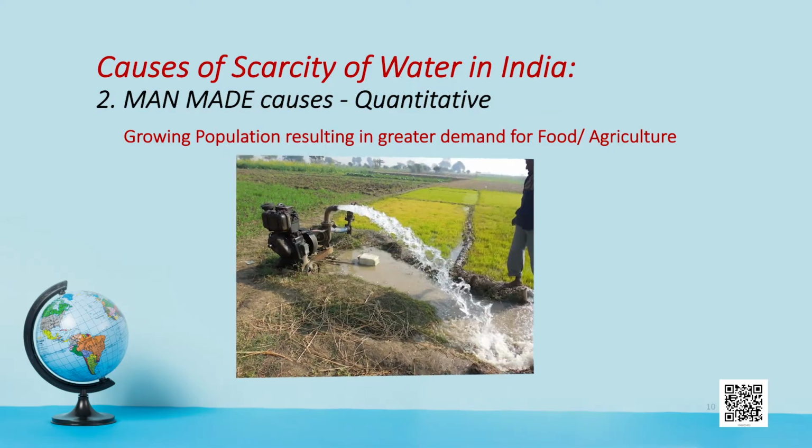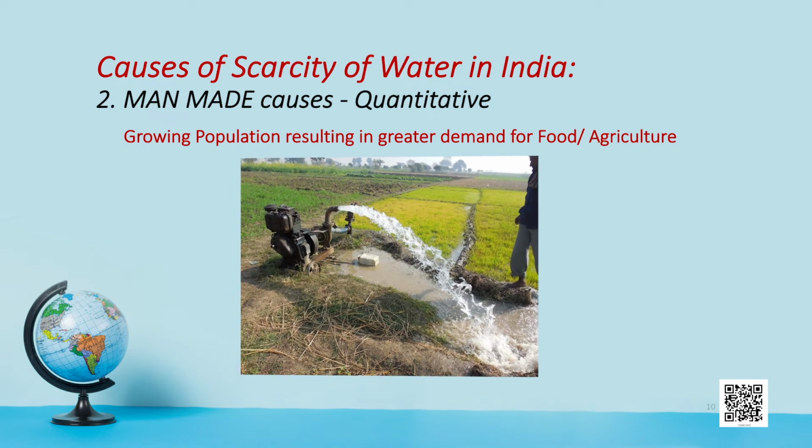While natural causes have a definite role, the major causes of water scarcity are created by humans. These affect both quantity and quality of water. Let's discuss these reasons. Number 1. Rapidly growing population and rising demand for water affects the availability or quantity of water.